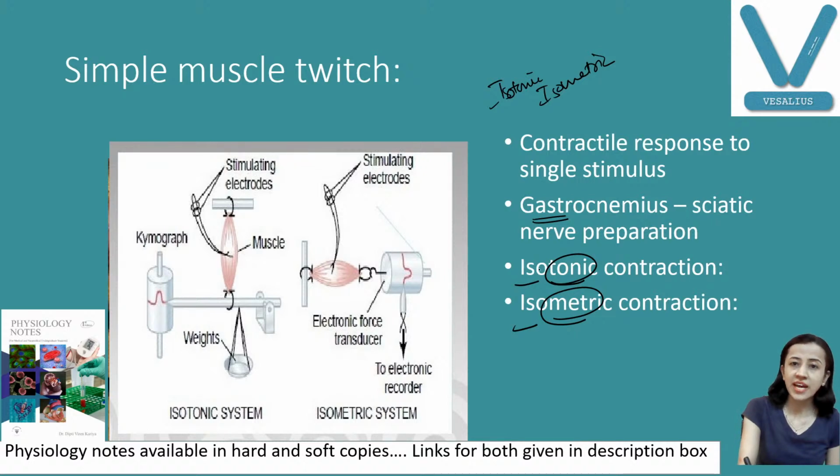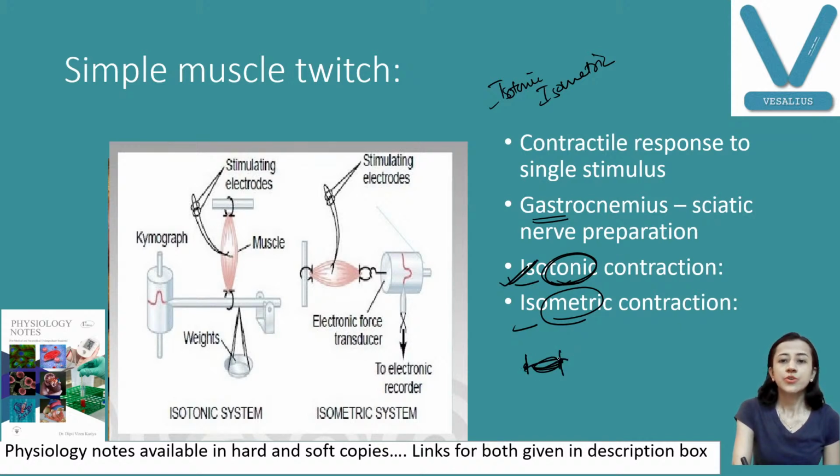So this contraction is isotonic, because when the muscle contracts, the length of the muscle changes. We can make this an isometric contraction by fixing both the ends. So this is the isotonic contraction which we are recording.